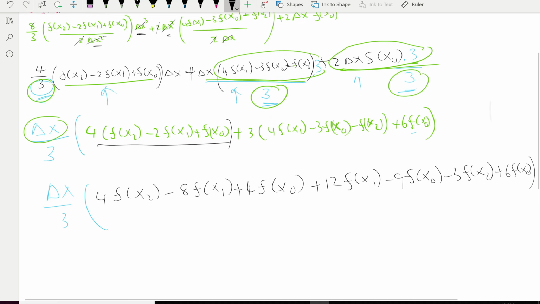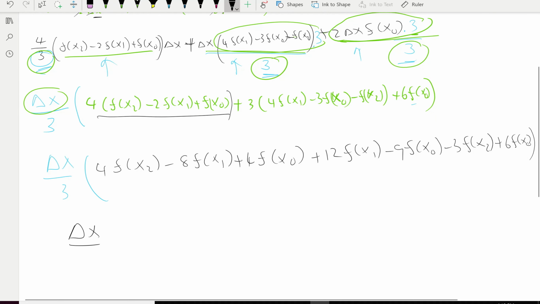Okay, let's simplify. We are on the last step. We are almost done. Let's count the x2 terms. So 4f(x2) minus 3f(x2), that's all, right? So that will give you just f(x2). Minus 8f(x1) and 12f(x1) will give you what? 4f(x1).